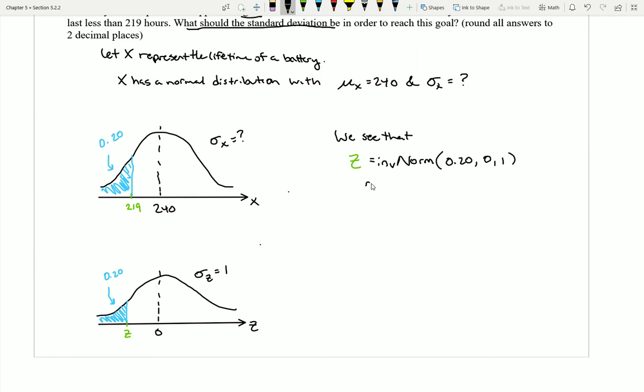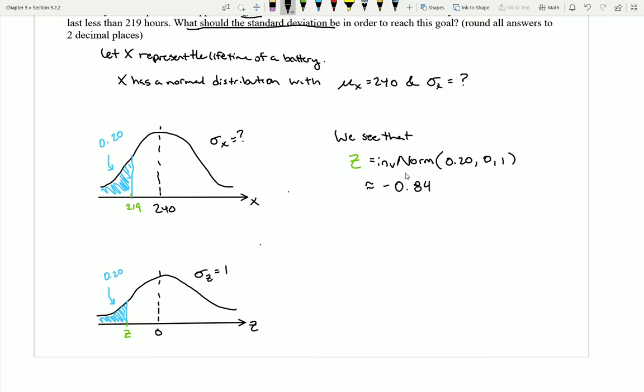But notice, this then is something I can immediately compute. That's fantastic. In fact, if you were to type this into the calculator, following the instructions in the problem that says round everything to 2 places, you would get a value of negative 0.84. Now remember, it's totally okay for this to be negative because it is below 0, so it should be a negative number down there.